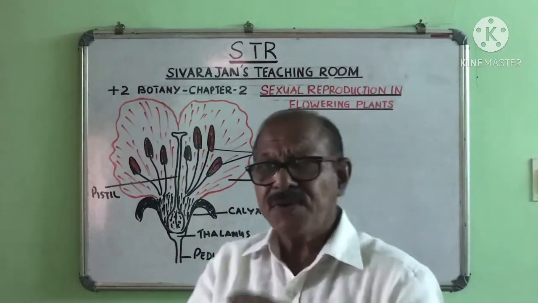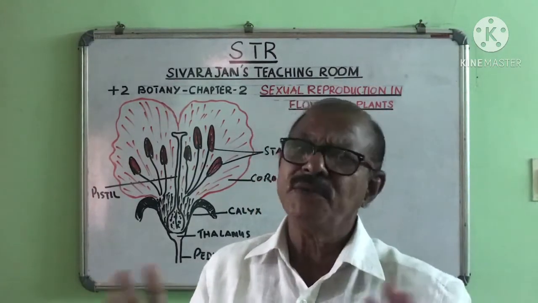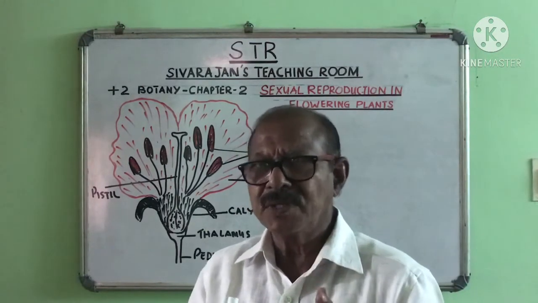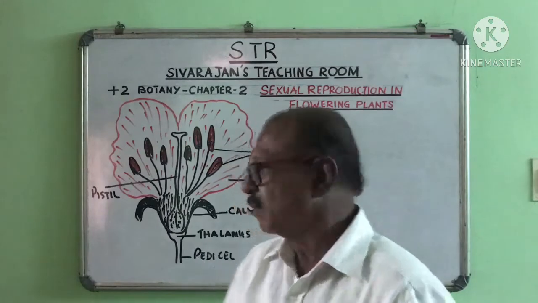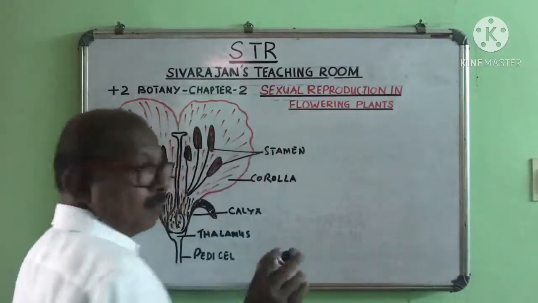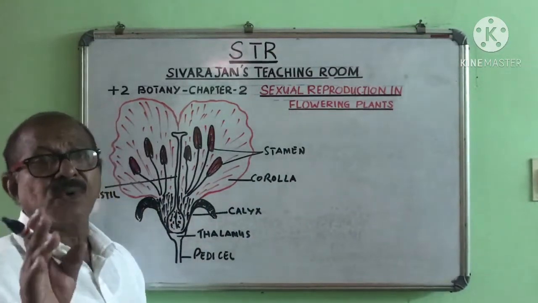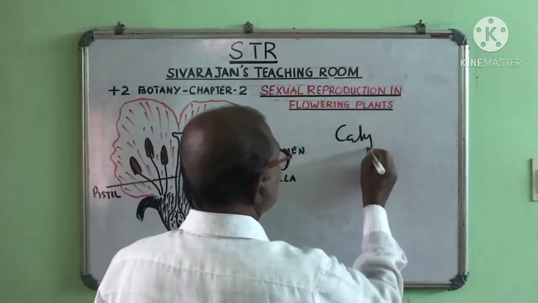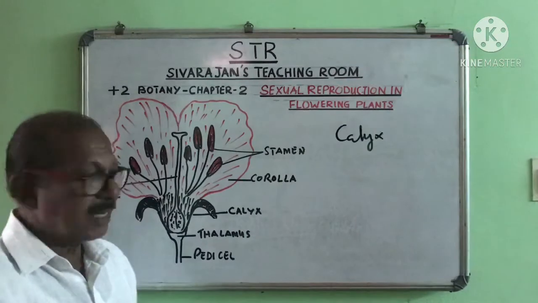See, we are very familiar with so many flowers. But do you know the different parts of a flower? Look here. Basically, a flower has four different parts. They are the calyx, C-A-L-Y-X, calyx.